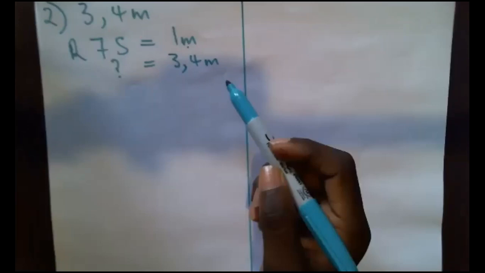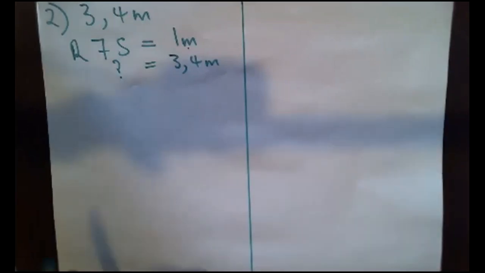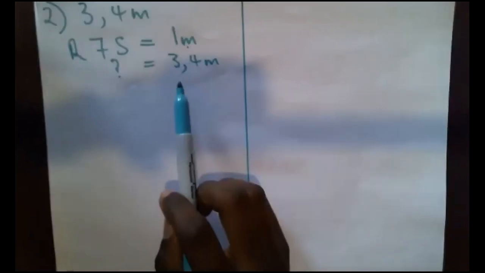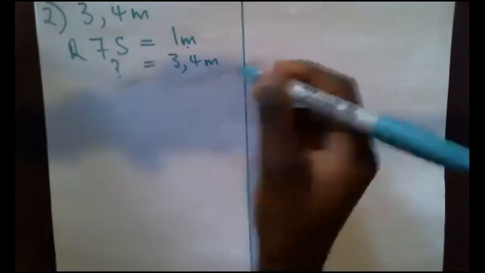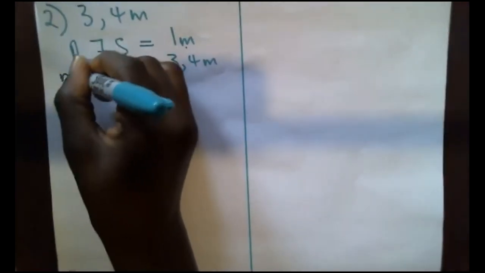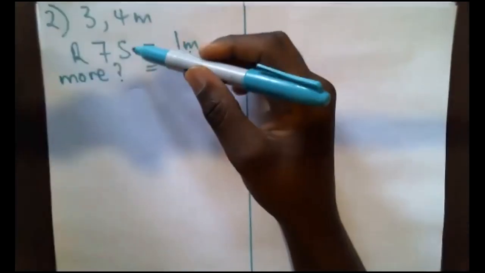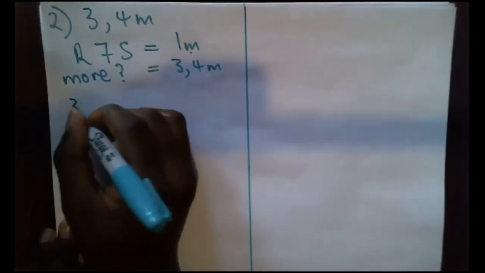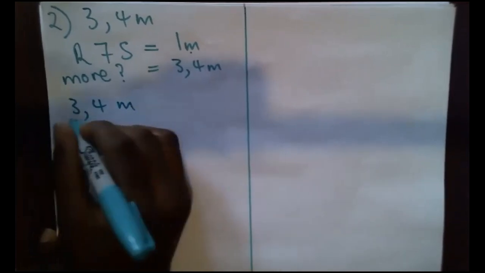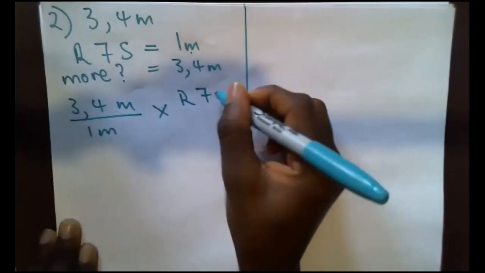We have already said 1 meter is going to cost 75 rand. We now need to figure out what we are going to pay for 3.4 meters. Of course, it is going to be more than 75 rand. If it is more, the rule says a bigger number over a smaller number multiplied by the quantity.